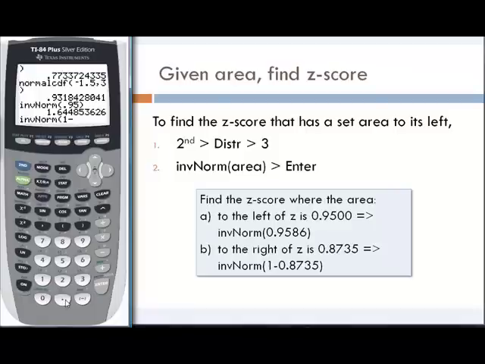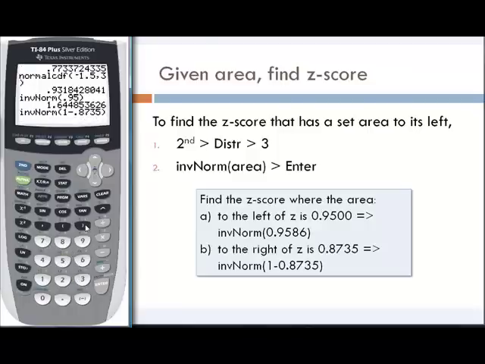So when we're trying to find area to the right of 0.8735, we just do 1 minus 0.8735, and that gives us a z-score equal to negative 1.143.